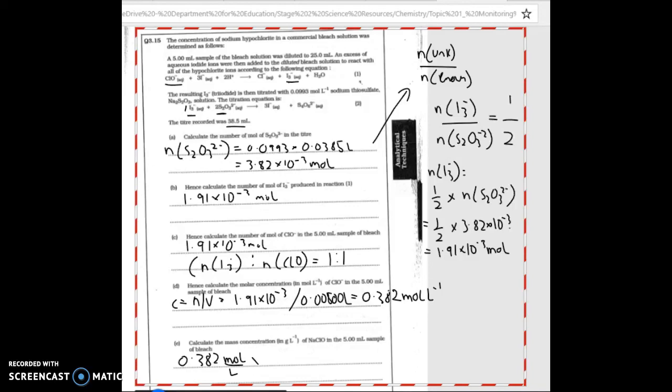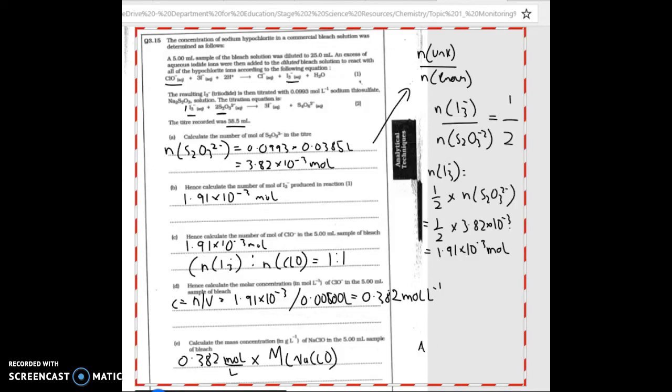If you times that by the molecular mass, big M, of the NaClO, I'll just put that over here.